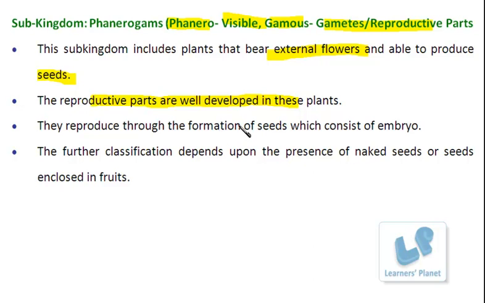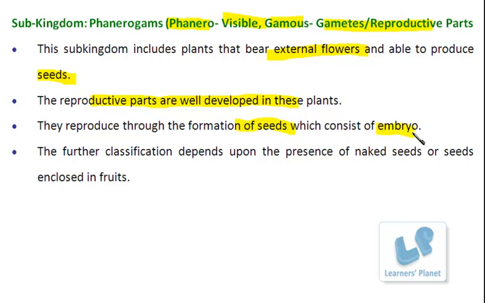What I mean by this is that the seeds are produced as a result of the fusion of a male and a female gamete, right? There are the male pollen grains and there is the female ovum. Both these structures fuse together to form the zygote.